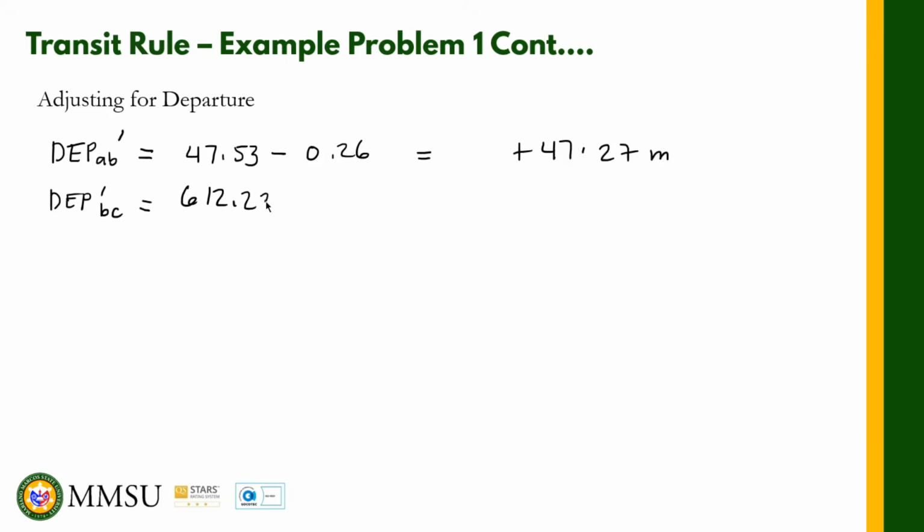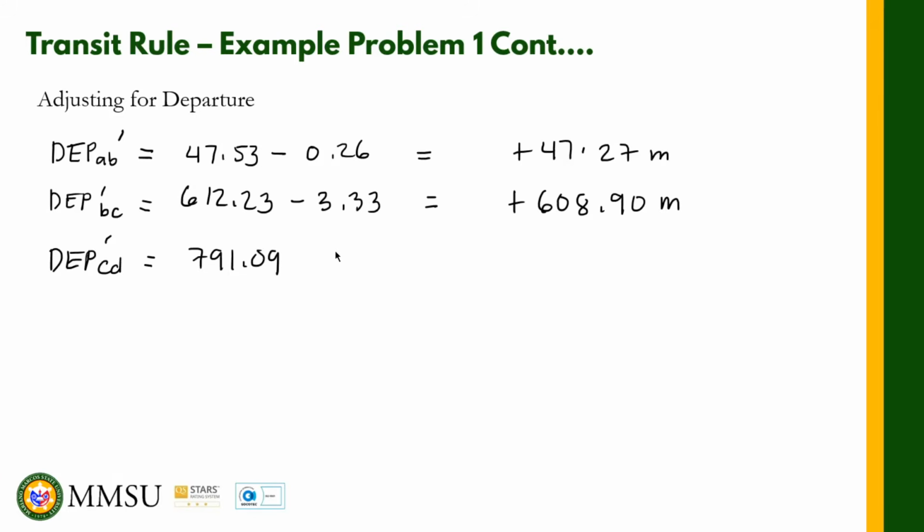Now, for the adjusted departure of BC, the original departure of BC is positive 612.23. We need to subtract the correction of 3.33, and we should come up with positive 608.90 meters. Next, for the adjusted departure for CD, the original departure is positive 791.09 meters.